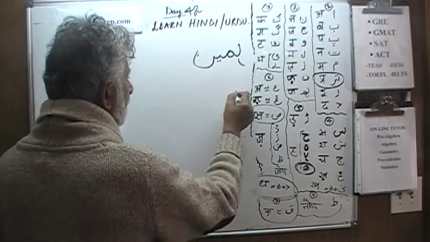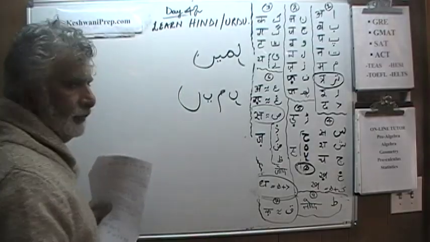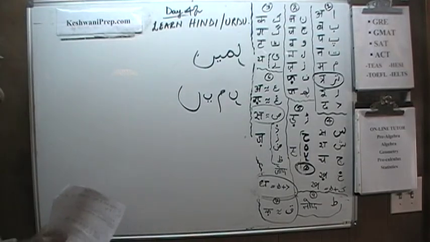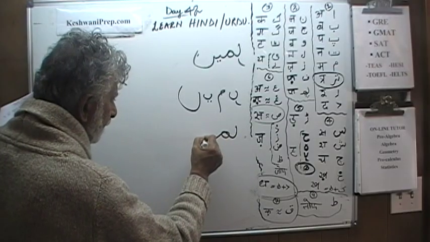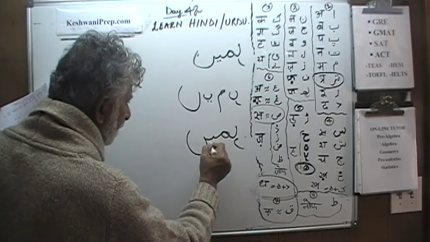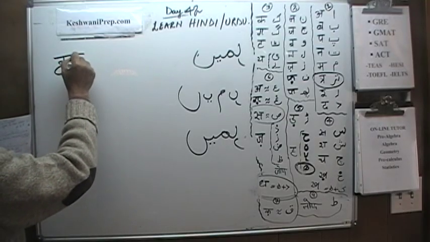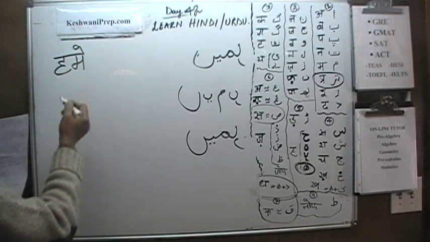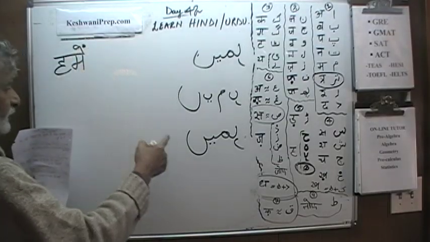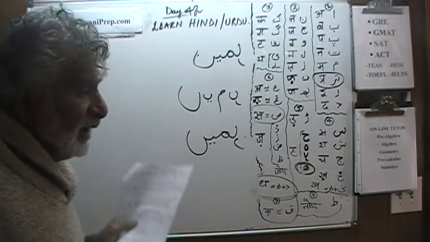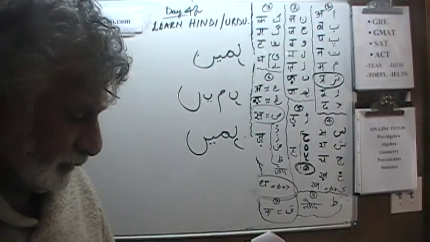Hame, ha, ma, ya, and then nun gunna. Hame, ha, ma, me, nun gunna. So far it says hame without the nun gunna. When you put a dot, that's the nun gunna. So it doesn't say hame, it says hamein.